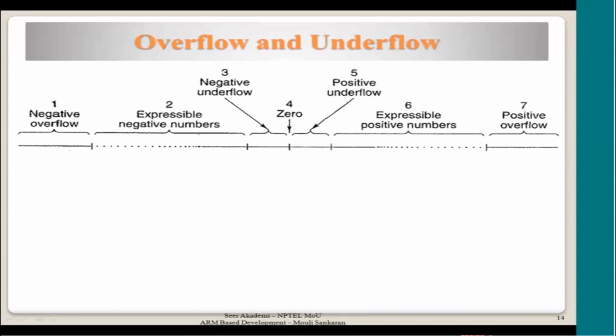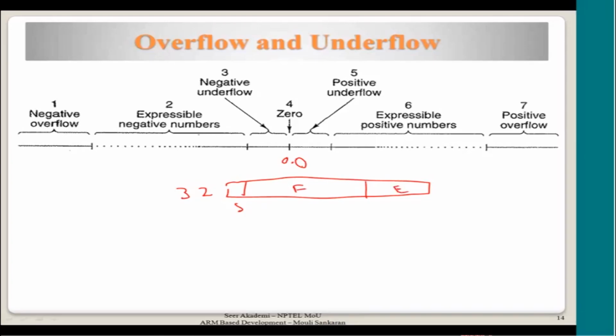So this is the real number 0.0. Now I am showing you some underflow and overflow, because I told you that we have a limitation of 32 bits. Now you know that the sign bit is given. I have still not told you how many bits are occupied by the fractional part and exponent part. No issues. Maybe this may lie here or it may lie here.